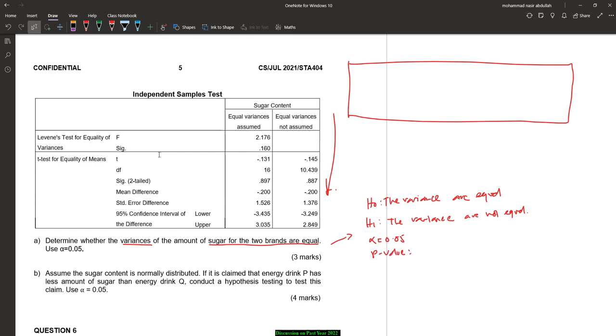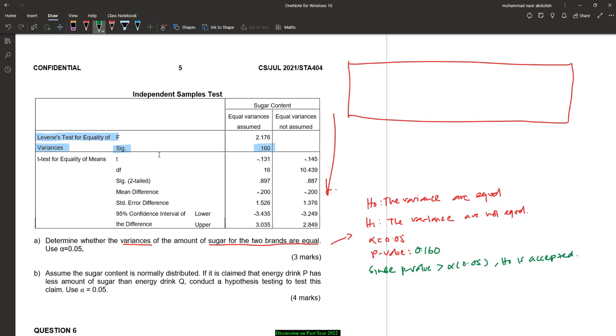P-value for Levene's test. Levene's test for equality, right? Significance 0.160. So since our decision rule, since the p-value is more than our alpha 0.05, null hypothesis is accepted.